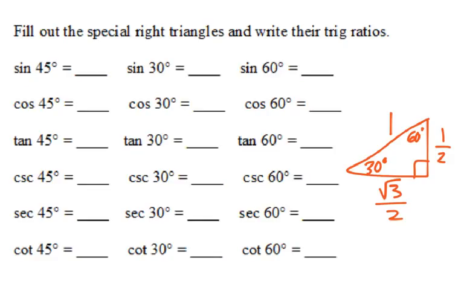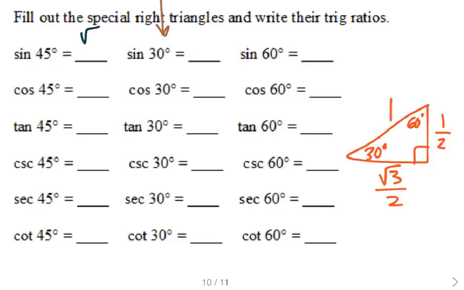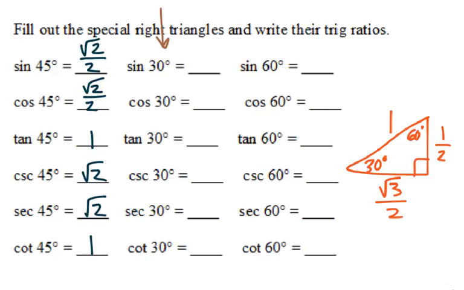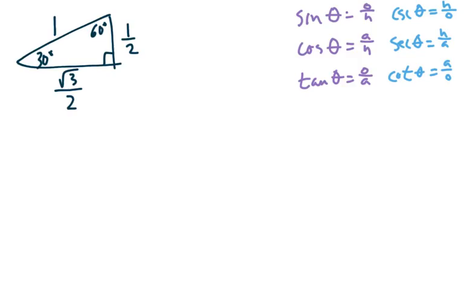Now let's take a look at our 30 degrees. So we can write this here: square root of 2 over 2, square root of 2 over 2, 1, square root of 2, square root of 2, and 1. Now we're using our 30-60-90 triangle. Let's start out with the 30 though.